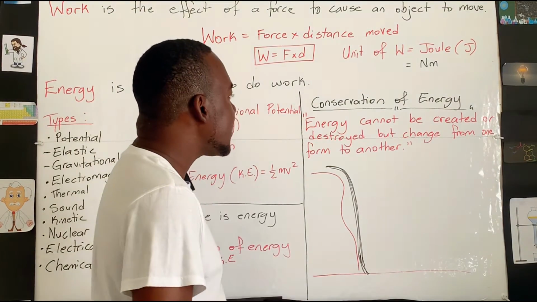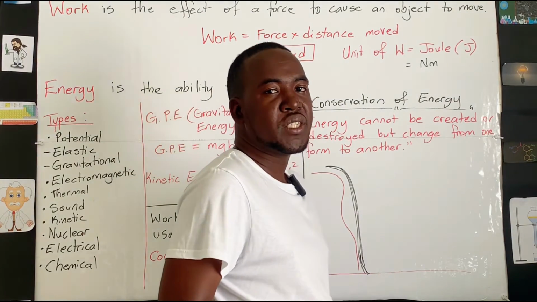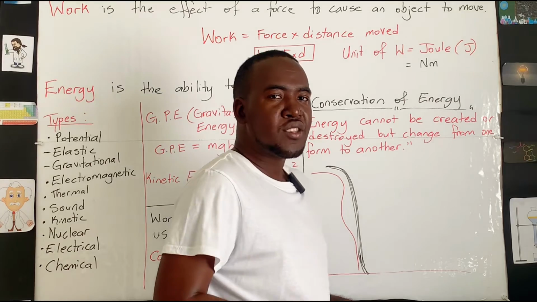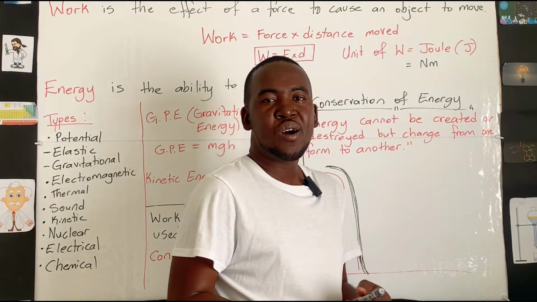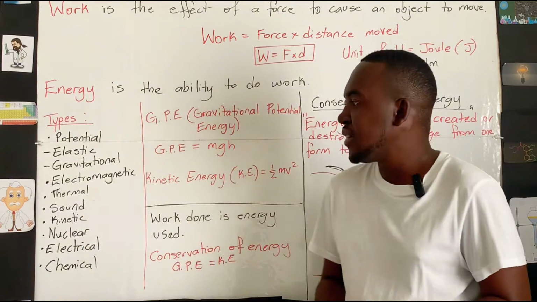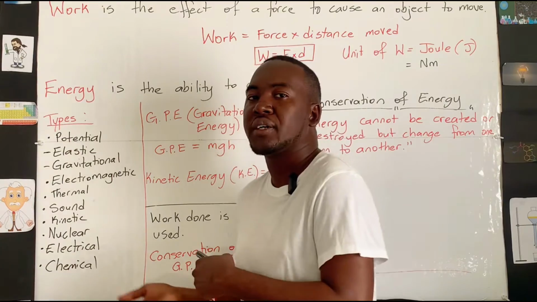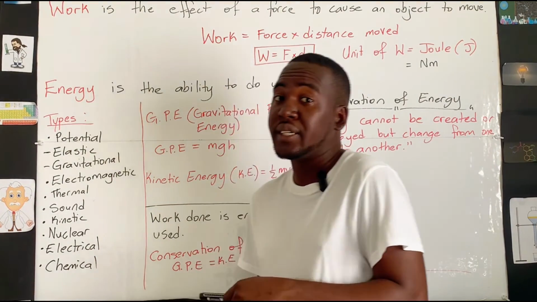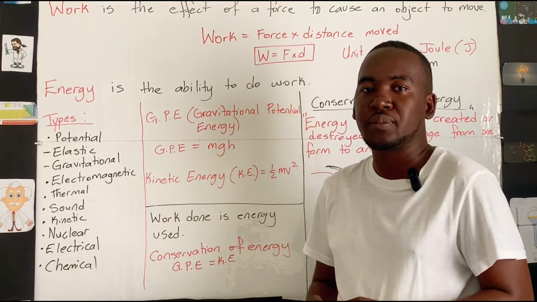What this means is if we had 100 joules of chemical energy, we do not destroy that 100 joules or create more of it. What we do is convert other energy forms into chemical energy, or the chemical energy into other forms of energy that we have just explained.